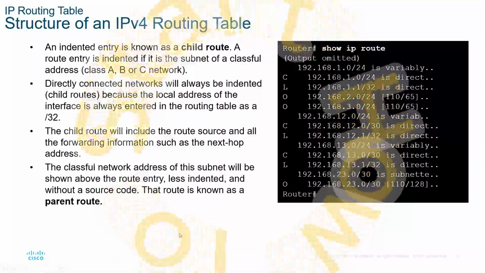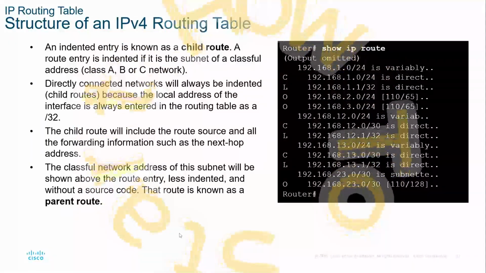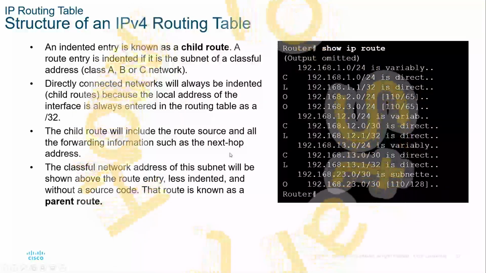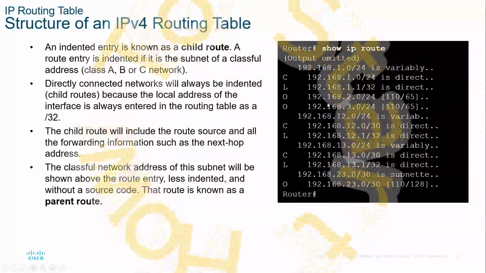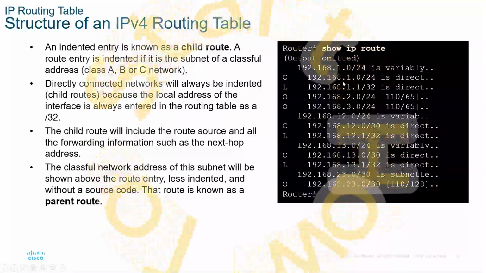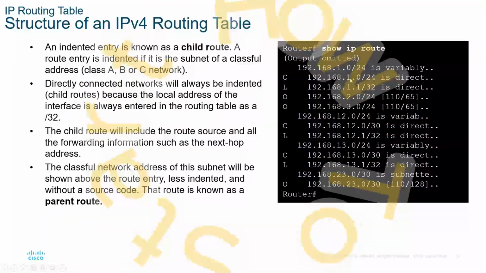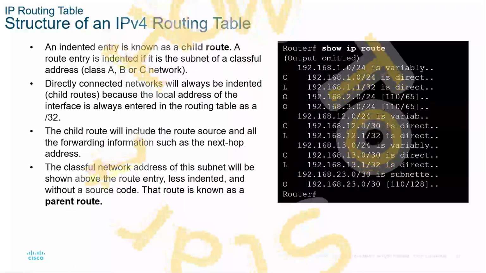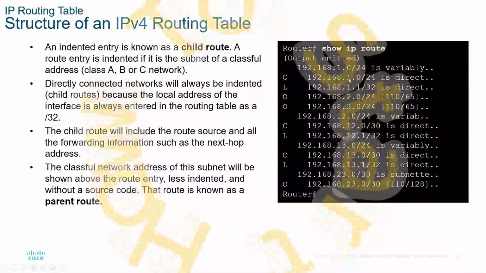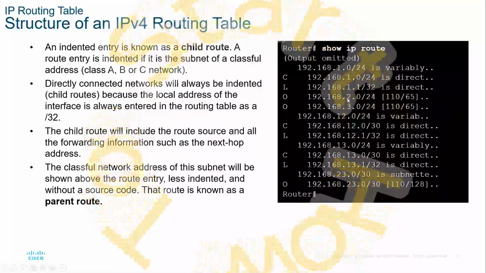The child route will include the route source and all forwarding information, which we already know about. The classful network address of the subnet will be shown above. So here in reality, we are looking at the first 16 bits, and while we are still looking at the bits between 17 and 24, we're matching the 24th bit, and that's how we get this 2 and this.